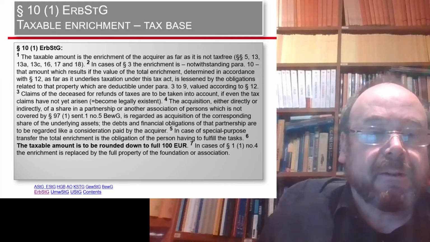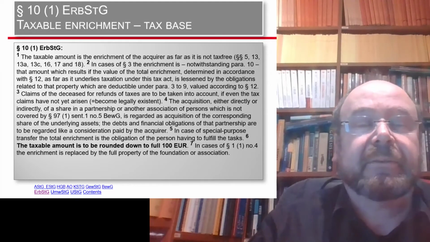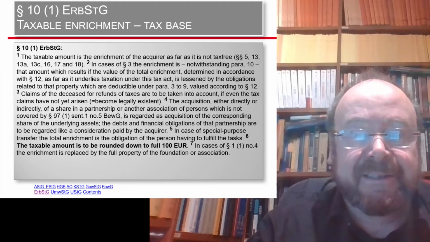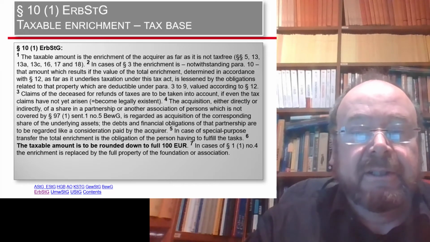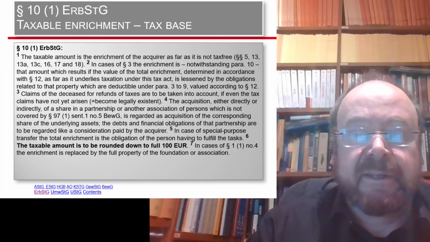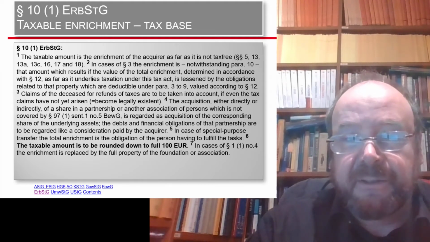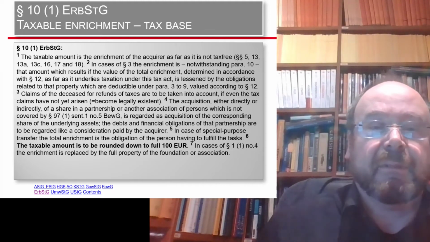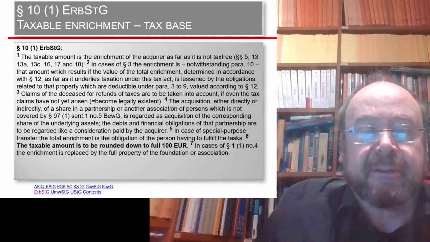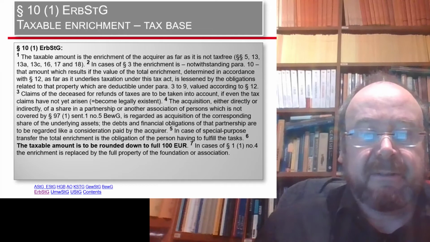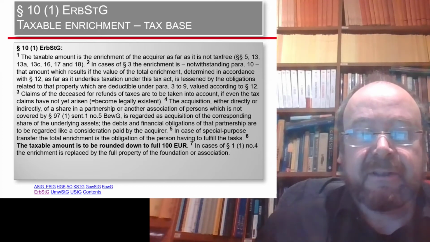And here it is now. The taxable amount is the enrichment of the acquirer as far as it is not tax-free. And oh, that's nice. The taxable amount is to be rounded down to full €100. Okay, if I remember correctly, that's not our problem, because it was an even amount of 300,000 which had been gifted.